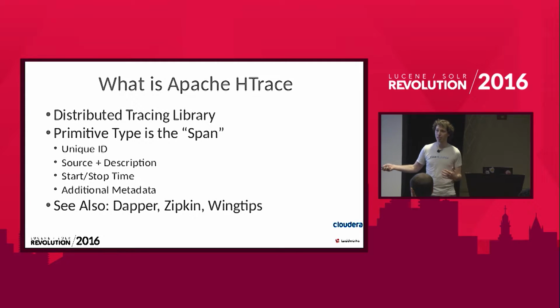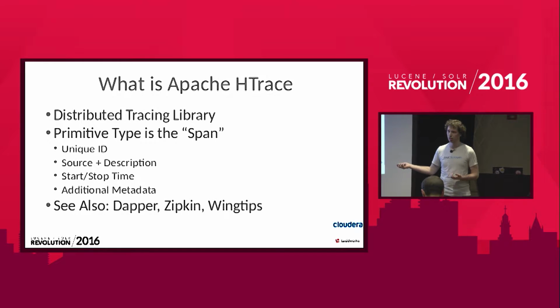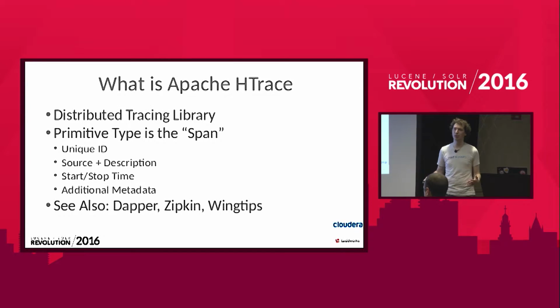HTrace and Zipkin have this translation layer. Wingtips doesn't have it yet, but if somebody wants to do that, I presume it shouldn't take that long. I haven't personally looked into it, so I don't want to make claims there. And then Dapper, of course, the original granddaddy of all of these tracing things.